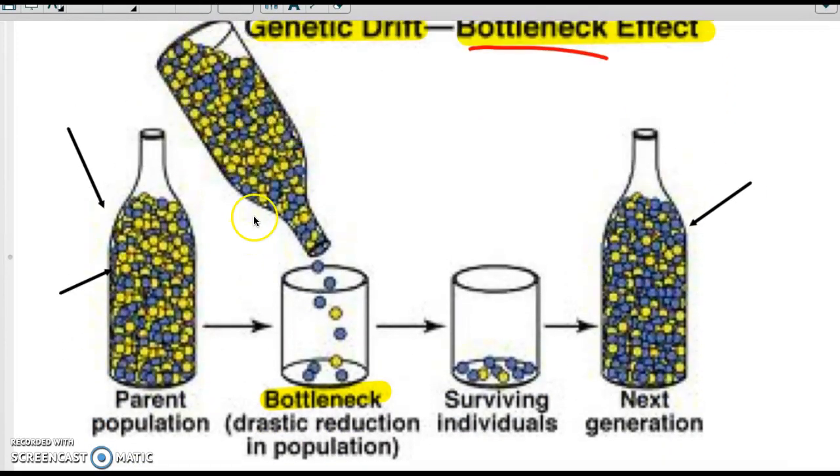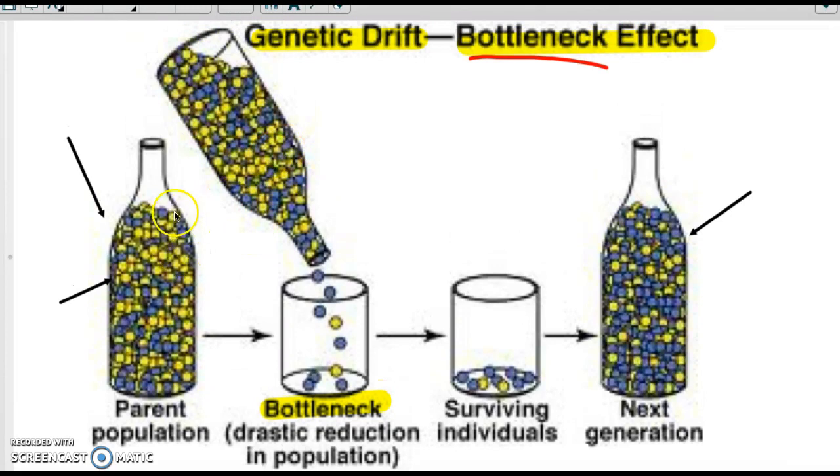So this is an analogy for the bottlenecking effect. Look at all these yellows and blues in this population. There's a lot of variation. But then what happens at this point is a natural disaster. A huge forest fire happens, and only a few survive. And you can tell that there's not a lot of yellows. There's not a lot of yellow alleles, if we use this as an analogy.